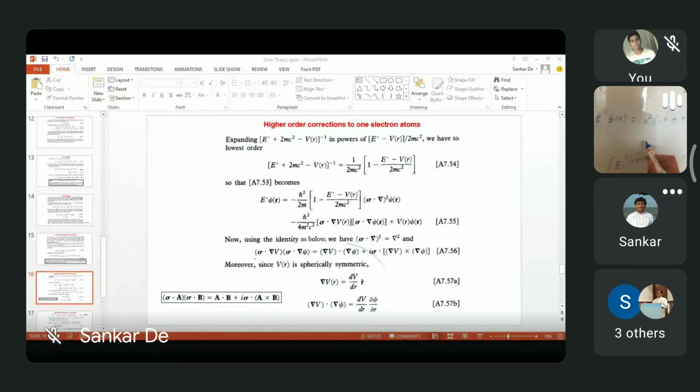E prime psi r c square, h cross, delta dot sigma, same thing, then 1 by 2mc square. From here I just took this as 1 by 2mc square times 1 minus E prime minus V of r by 2mc square, plus V r psi r. Then where does that minus h cross square come in?